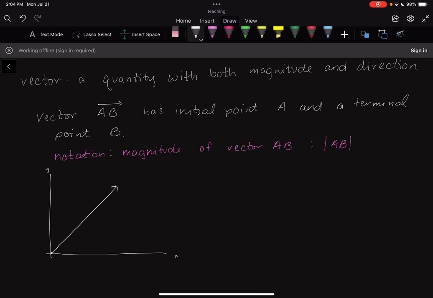We'll say that this is point A, and this is point B, just to give you an idea of how that AB connects to actually drawing it in the coordinate plane.